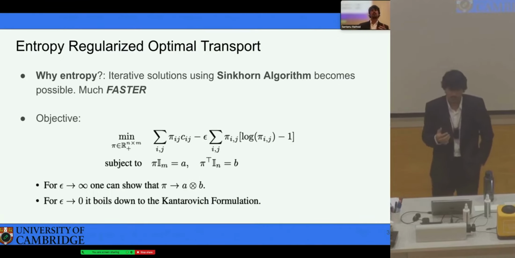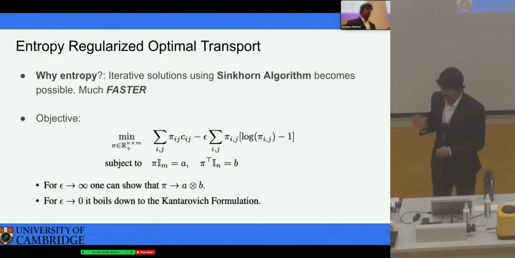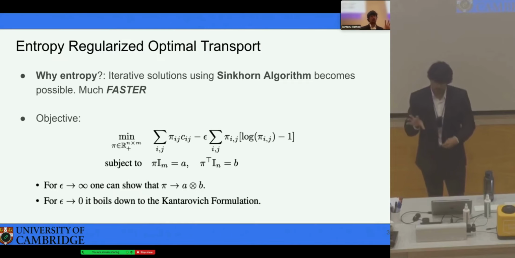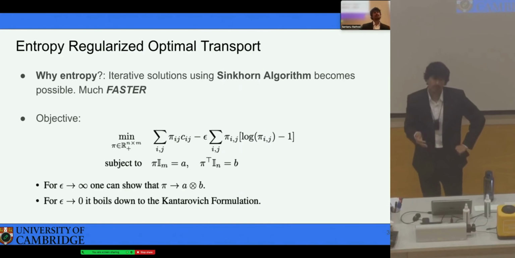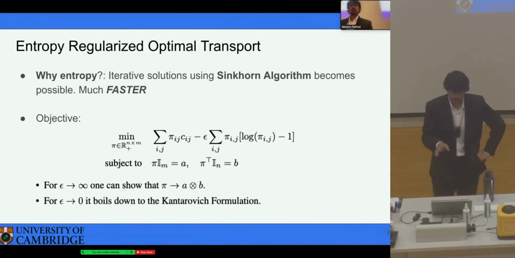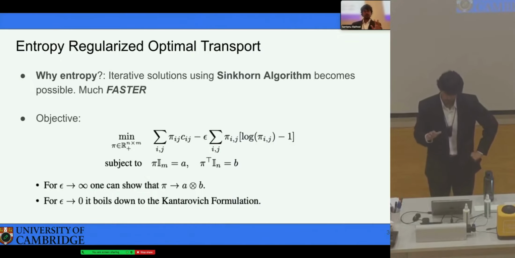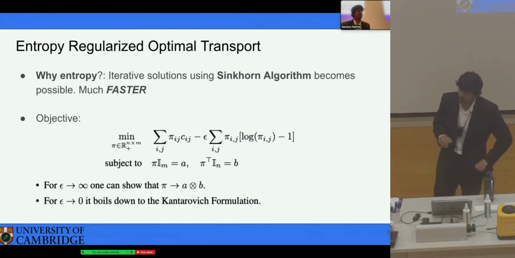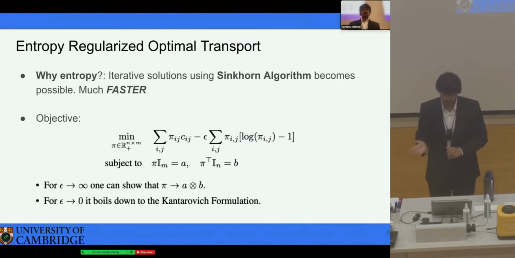That's why it's always preferable to get your OT couplings using the Sinkhorn algorithm, and all of this is enabled by this entropy regularization term. The reason is that you need to write down the Lagrangian of this linear optimization problem, and once you devise the solution for the optimal coupling, you can see why this is amenable to the Sinkhorn algorithm. But I will not go into the details of that.